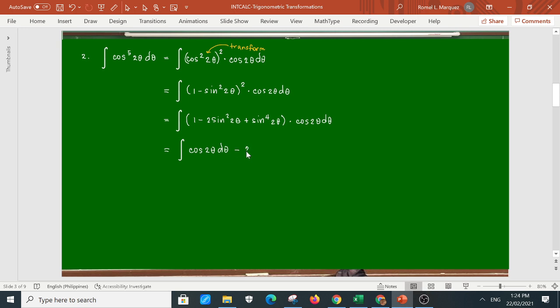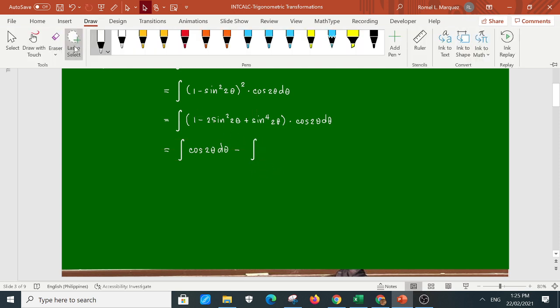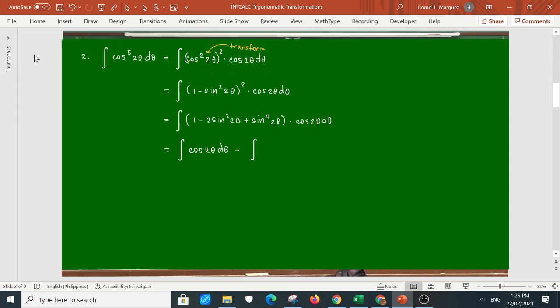Minus 2 integral of, so let's have this integral, but I have to put 2 in front. So we have 2 here, sine squared 2 theta times cosine 2 theta d theta.